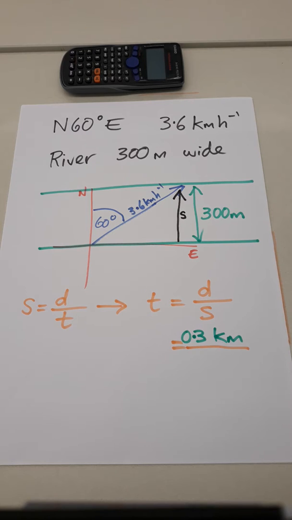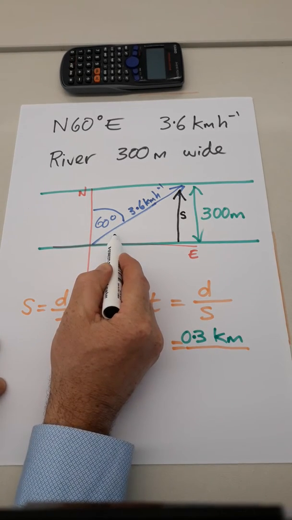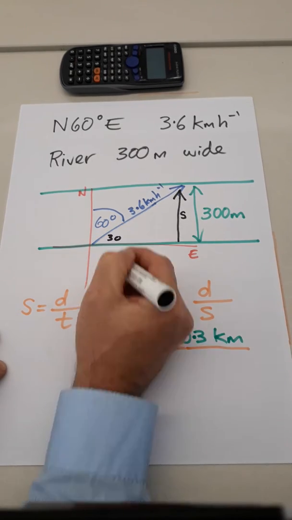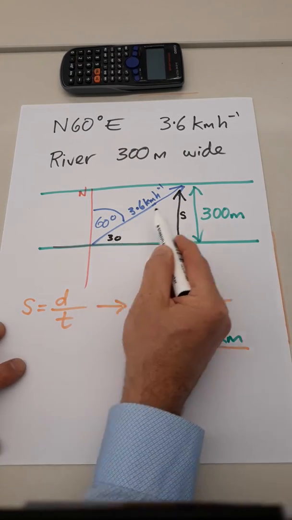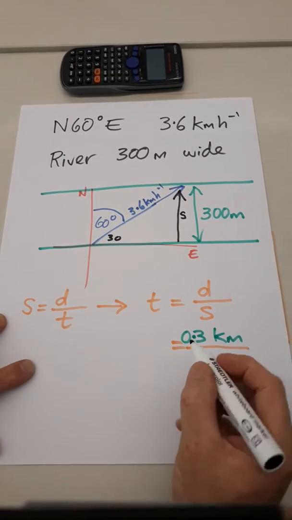Well, you could use just straight trigonometry if you want to figure out what that is. Either you can work that that's 30 in there and say that sine of 30 is equal to S on 3.6.